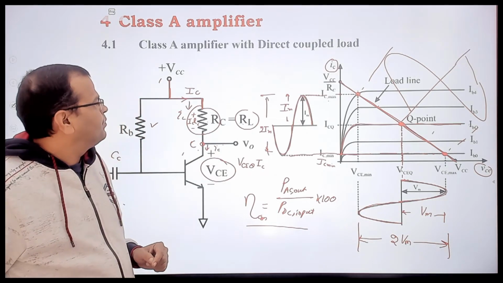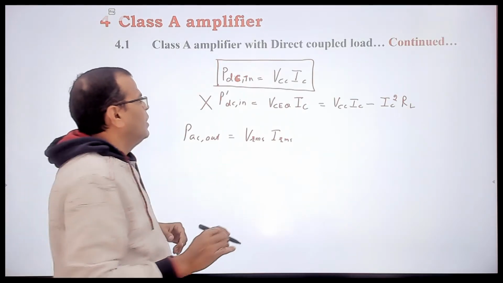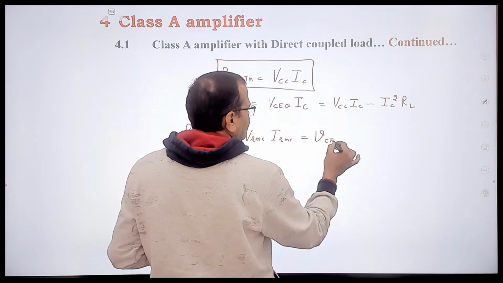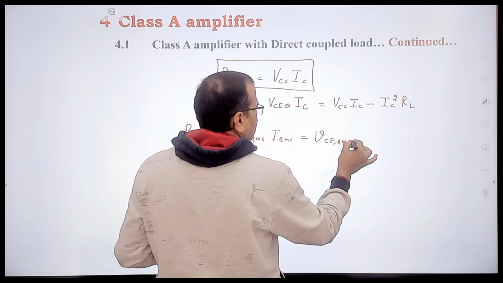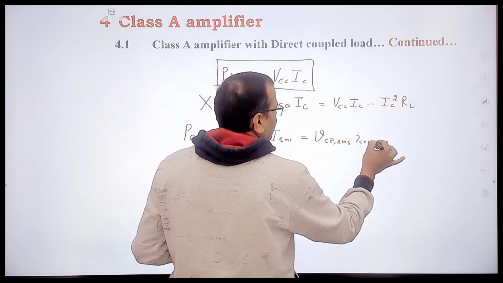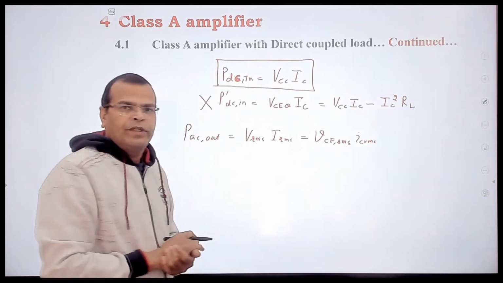So this is nothing but VCE RMS into IC RMS. That will be the AC power output, right?